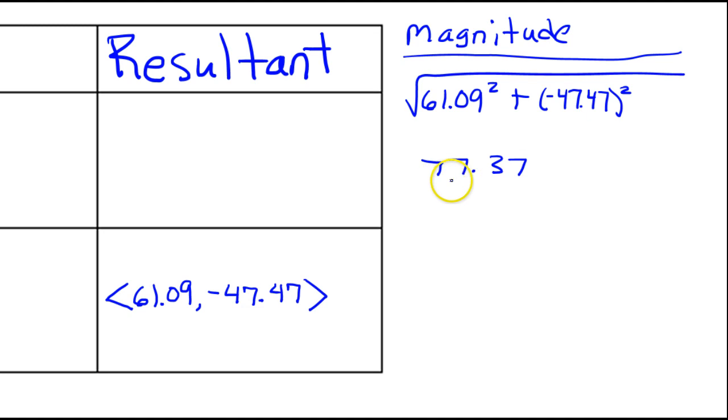So the magnitude is 77.37, and in context, 77.37 feet per minute. All right, that is the speed of the swimmer once you take into account the effect of the current. Now, we need the direction of the swimmer with the current, the resultant direction. So let's find that. So direction.